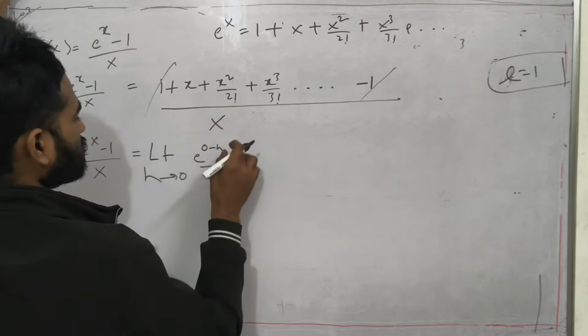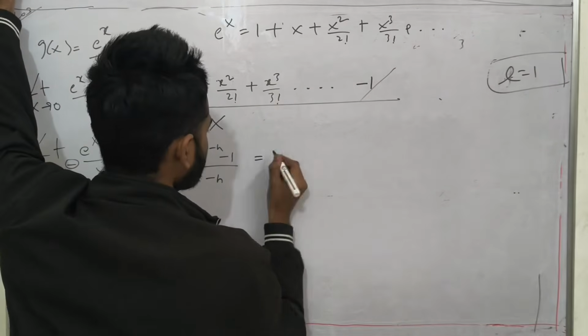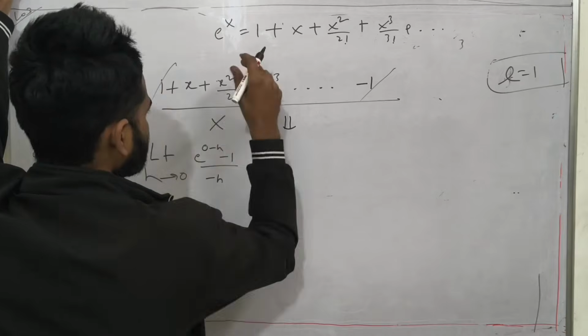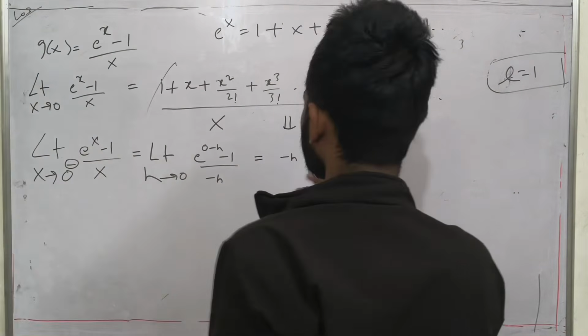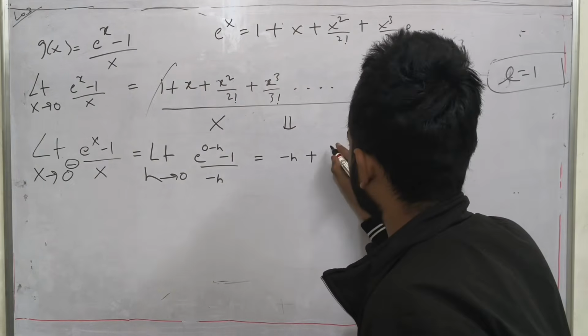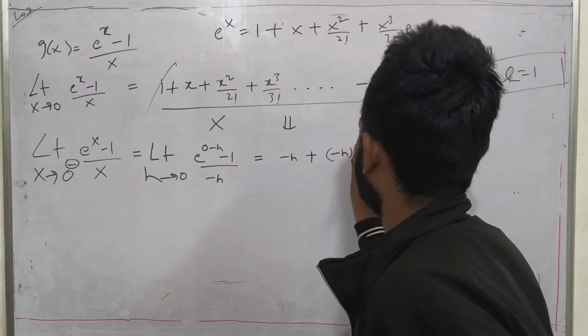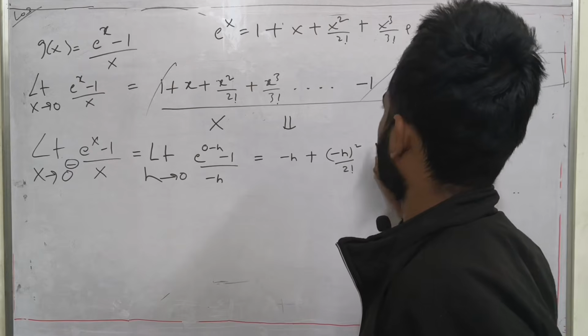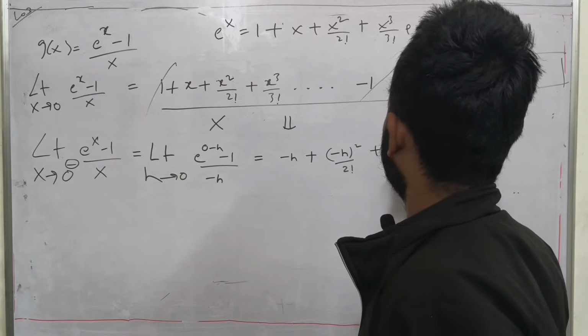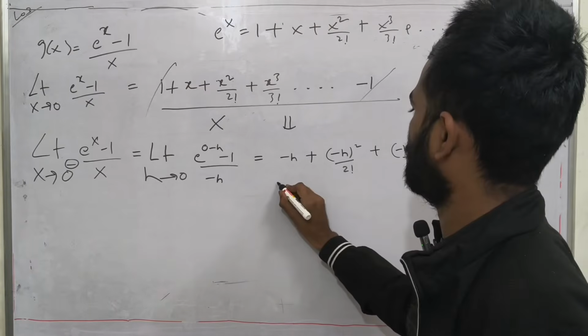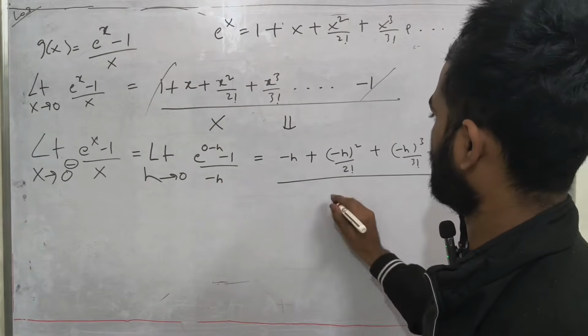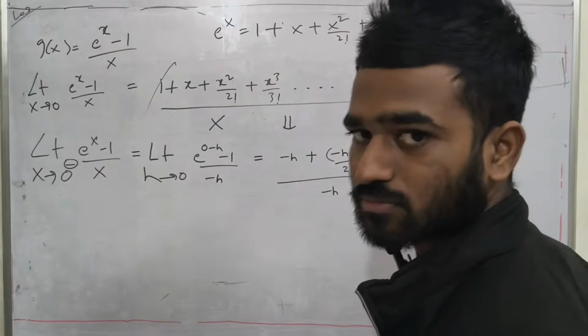Substitute minus h here; we already found e power x minus 1, so minus h plus (minus h) whole square by 2 factorial plus (minus h) whole cube by 3 factorial plus so on, by minus h.